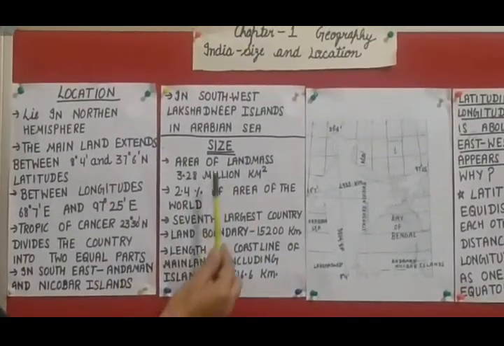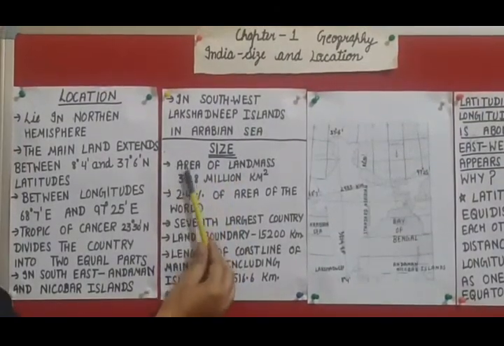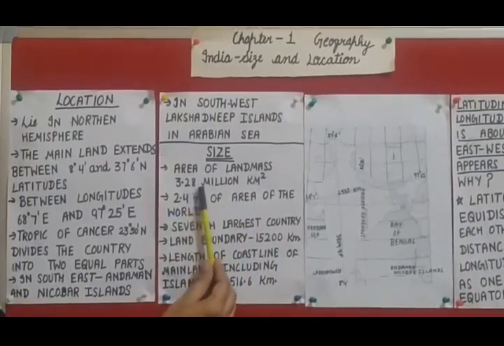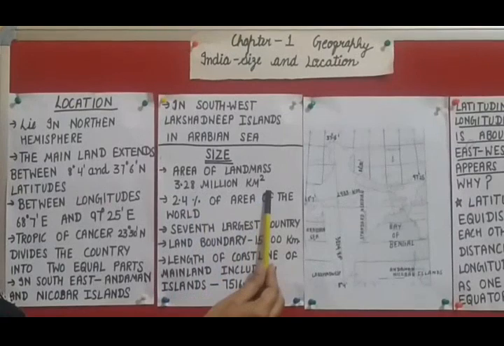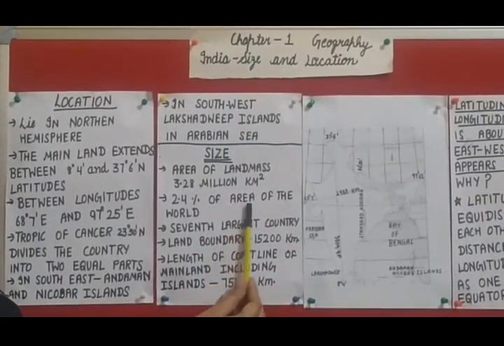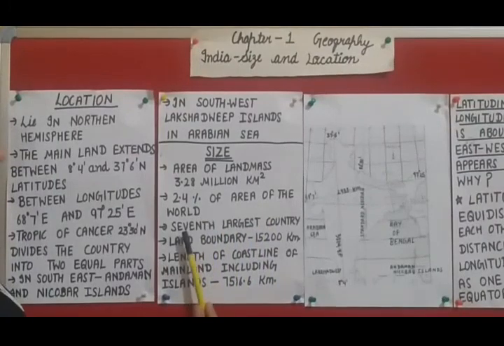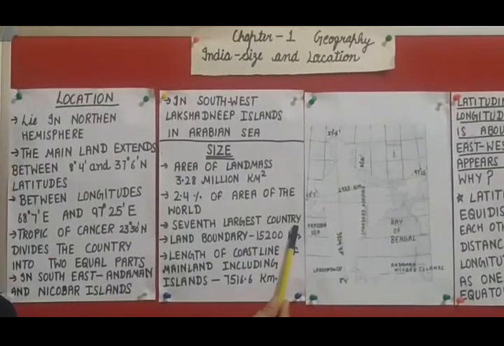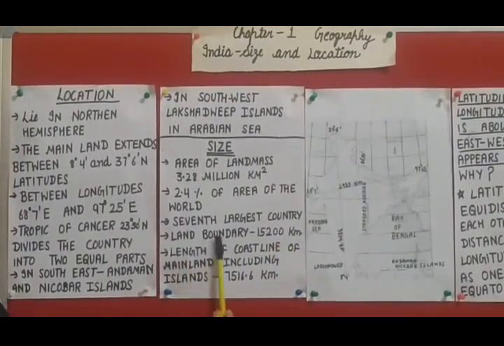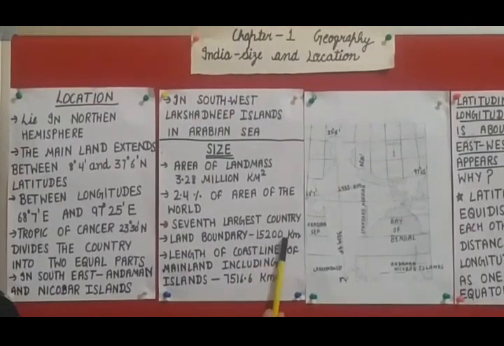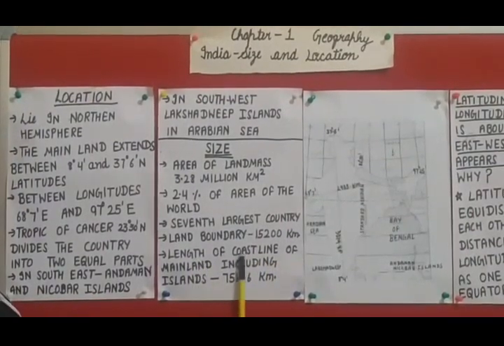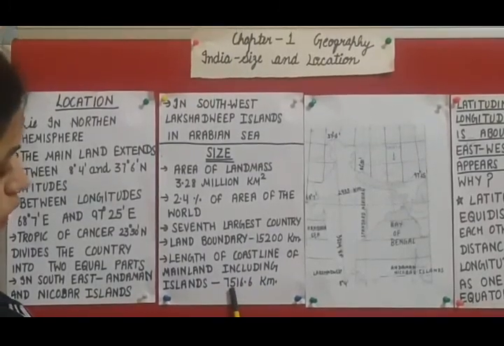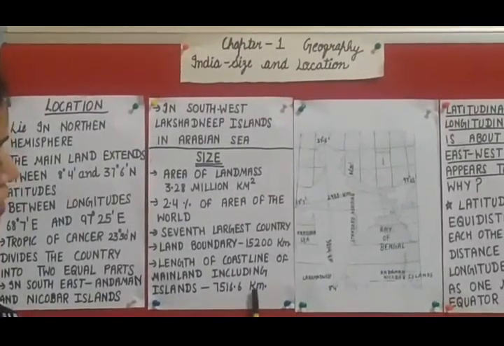Now the next one is the size of your country. The area of the Indian landmass is 3.28 million square kilometer, and it is 2.4% of the area of the world. India is the 7th largest country, and as you know, it is the second most populous country of the world. The land boundary of India is about 15,200 kilometer, and the length of the coastline of the mainland including islands is 7,516.6 kilometer.